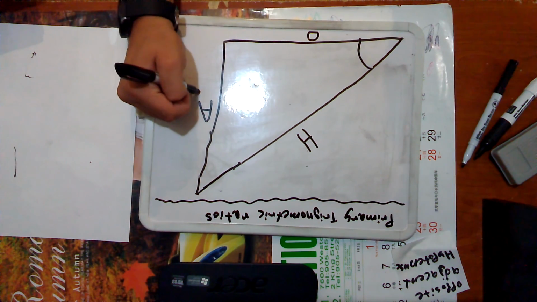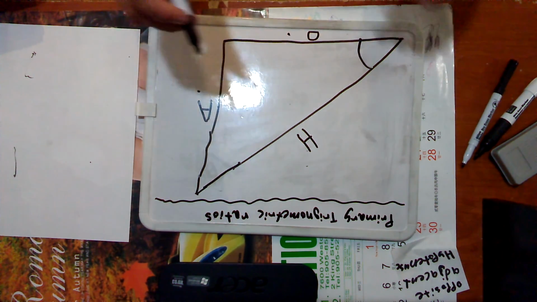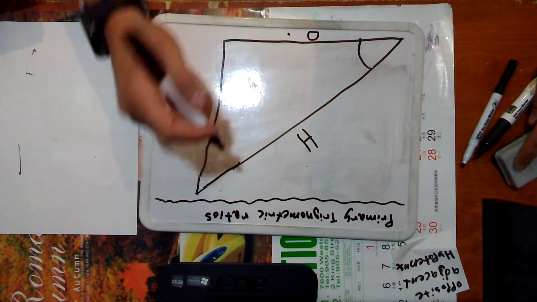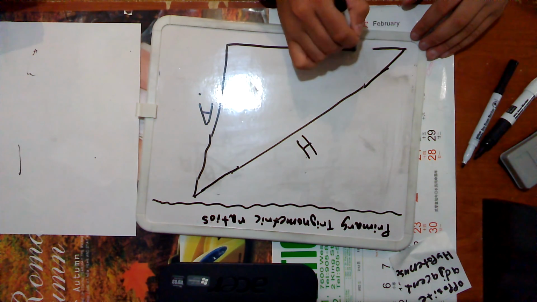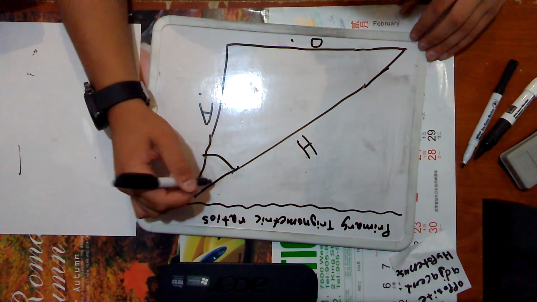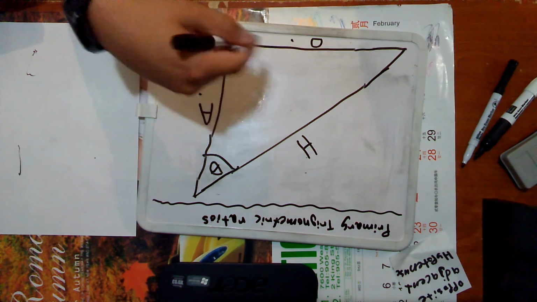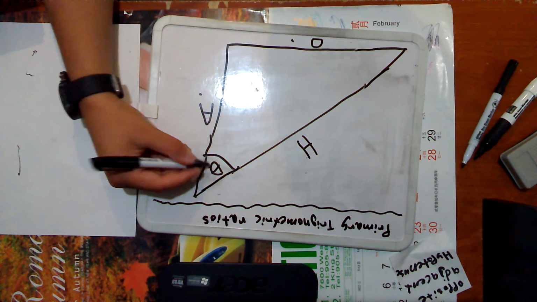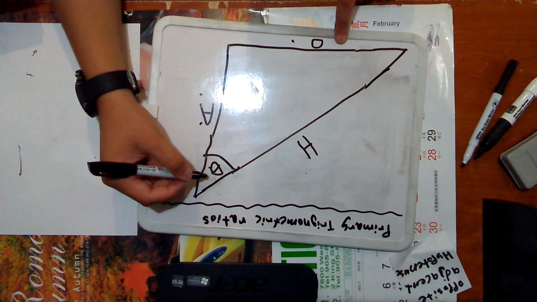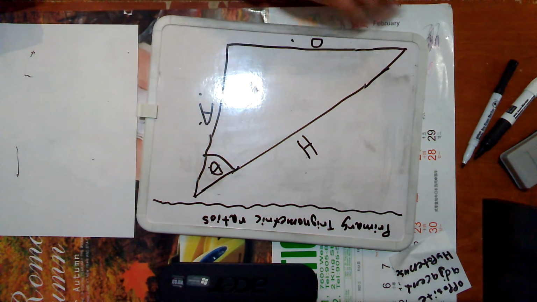This becomes opposite and this becomes adjacent. But since we're talking about the angle being here, and of course it's called theta, then it's like this: adjacent of that angle is here, opposite of that angle is here, and the hypotenuse is always here.